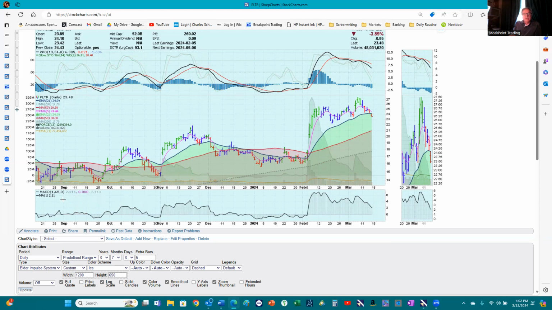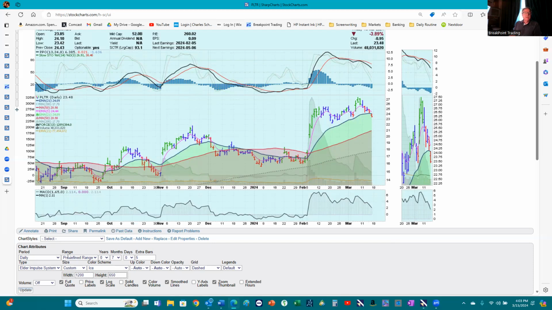So remember I said the third number is the signal line, and the 1 and 65 is the difference between a one-day moving average. One-day moving average is essentially the same as price. So this pink line right here is a 5-day moving average. A one-day moving average would follow price exactly, would follow the close of price.